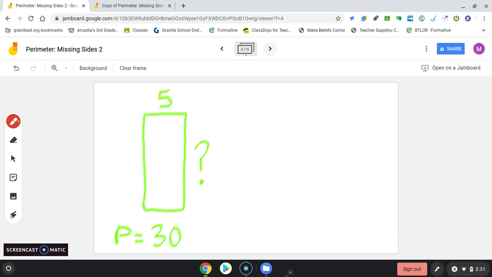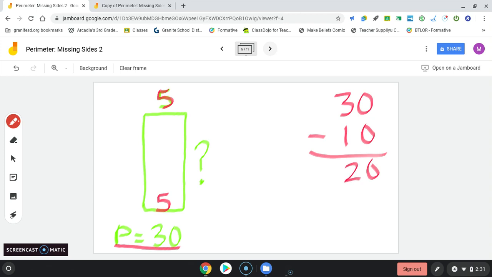Okay, so we know the perimeter of the shape is 30. Okay, we know this up here is 5, so then we know this one down here would also be 5. So add those two up. So 5 plus 5 would be 10, and then you're going to subtract it against the total. Okay, so not done yet.